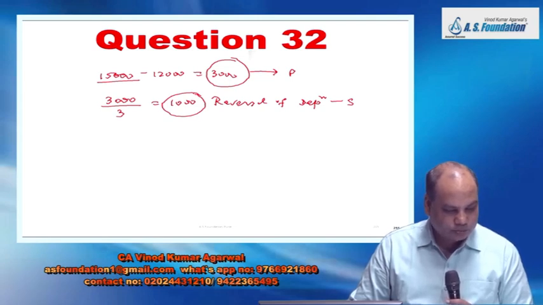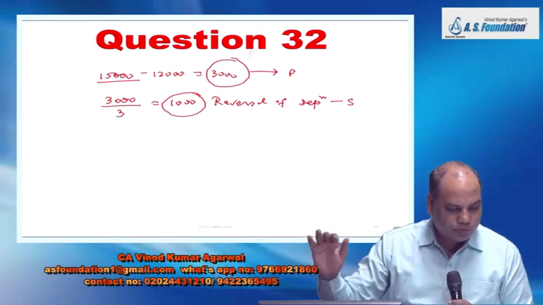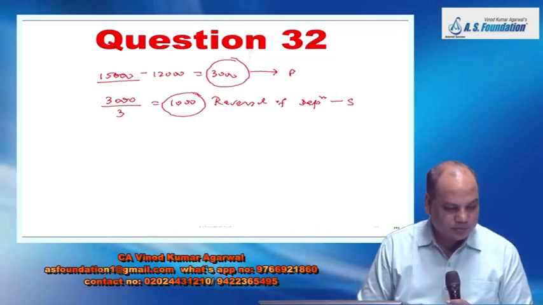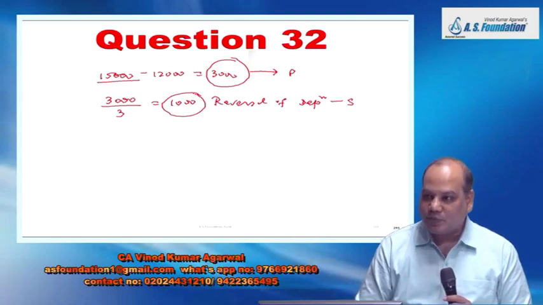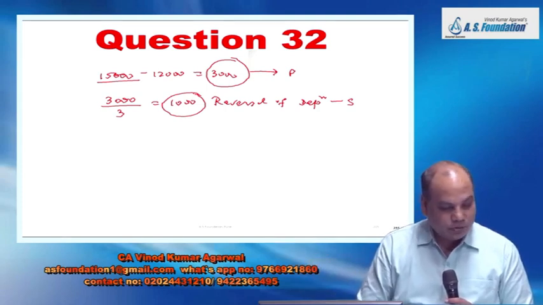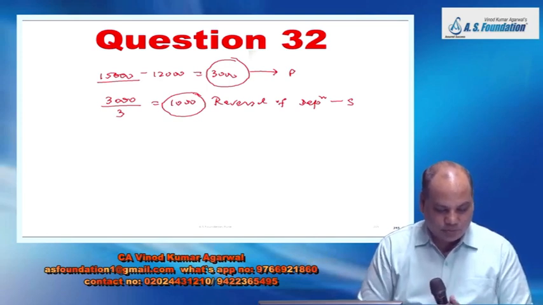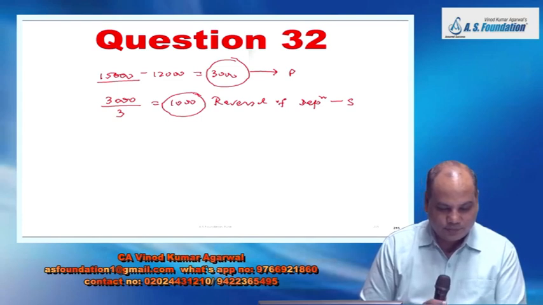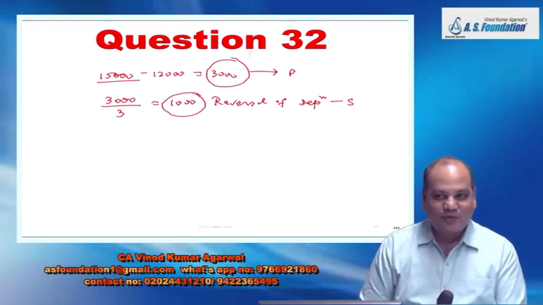During the year, S sold some goods to P for rupees 60,000. S sold to P, upstream, at a markup of 20%. 20% of what? 20% of cost. So in previous question we have assumed cost.